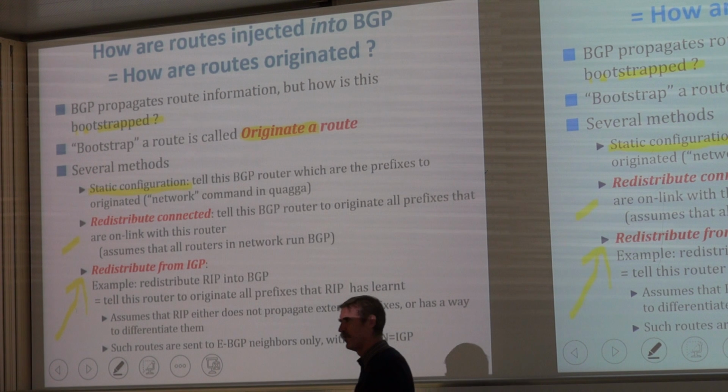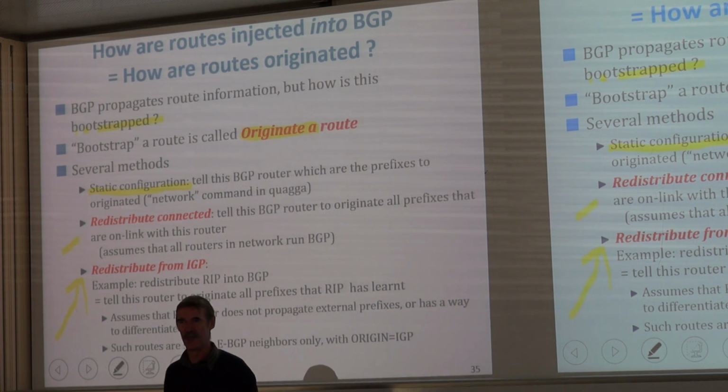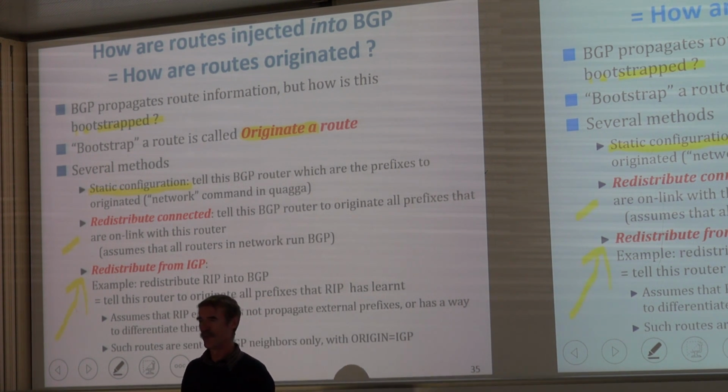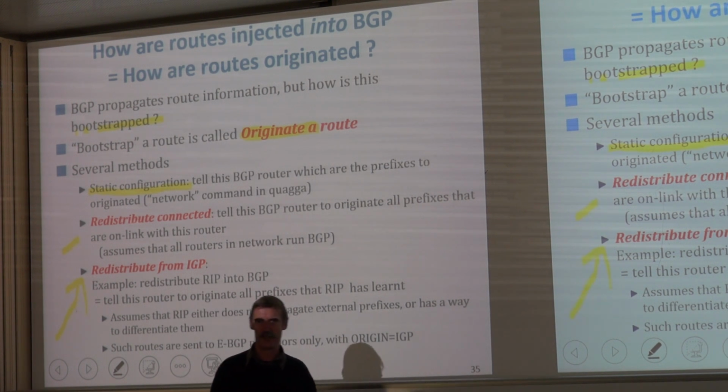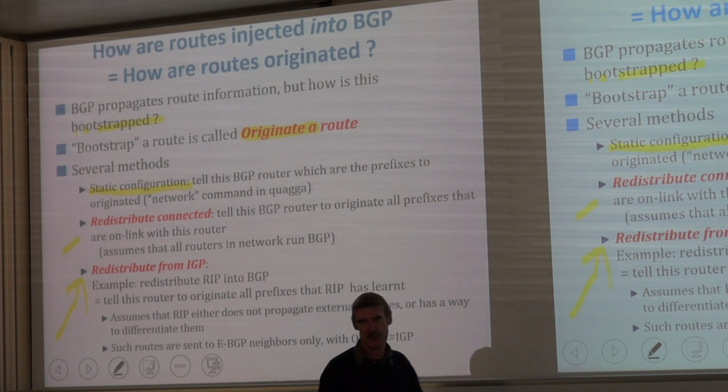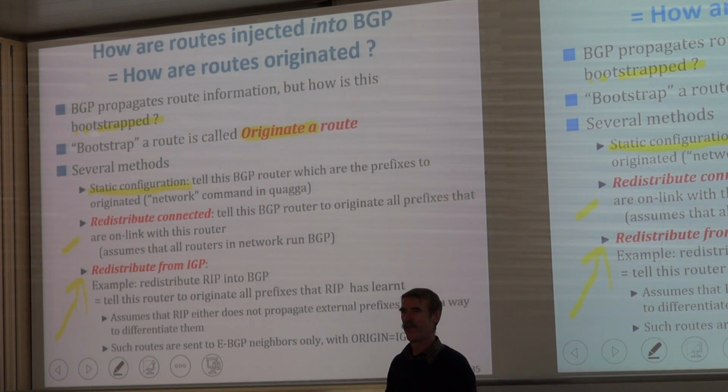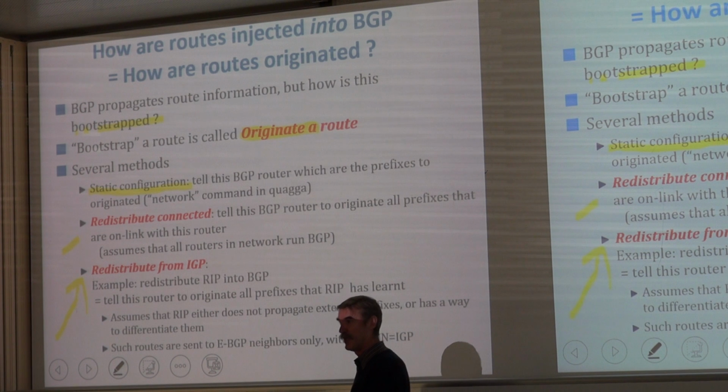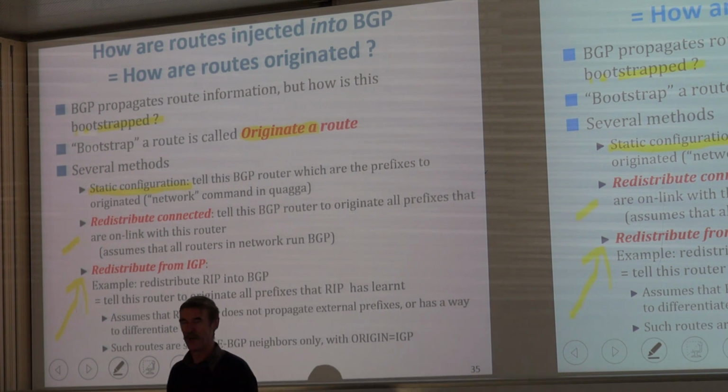And in the lab, it's also the command called redistribute. So if you say redistribute RIP, that means that the router will go into the RIP table, will take all the routes that have been written by RIP in the routing table, in fact, and will declare them as routes that are directly attached to this network with AS path empty. This is one way to do it.